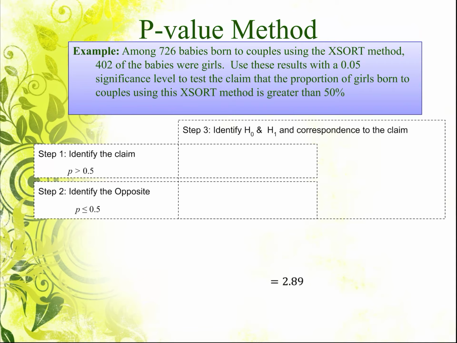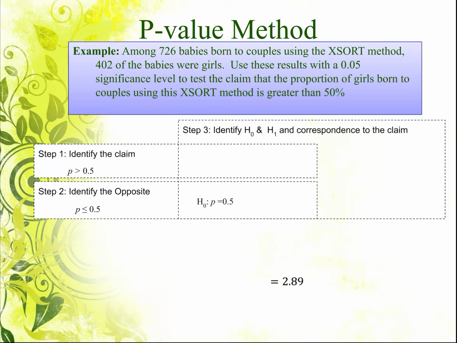Now, using those two claims, we're going to identify the null hypothesis, H0, and the alternative hypothesis, H1, and correspond those to the claim. So the null hypothesis is always the statement with the equals sign in it. There's two ways that you could write the null hypothesis here.